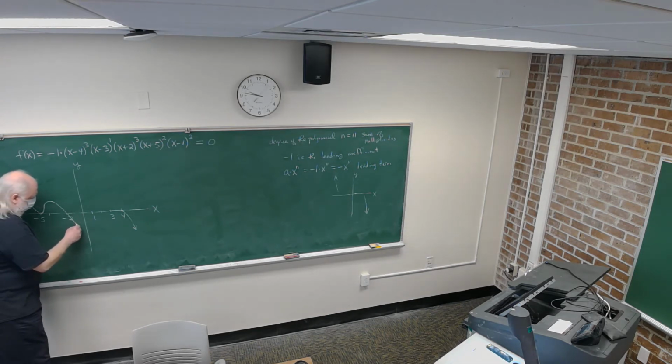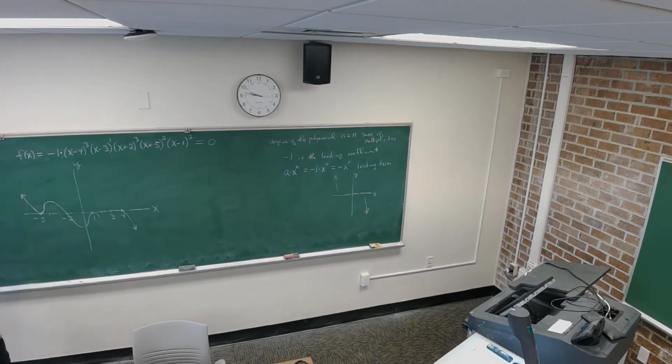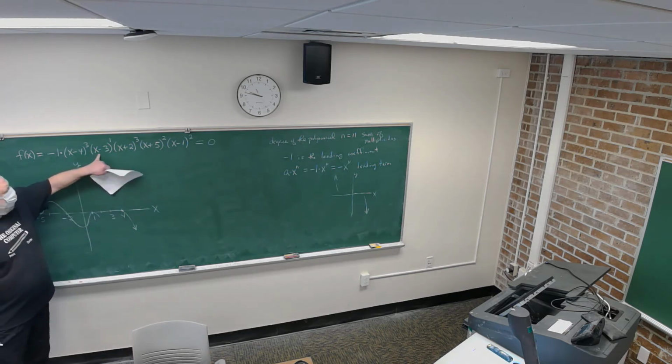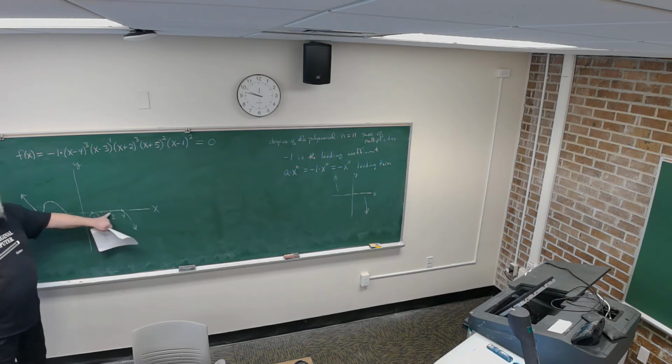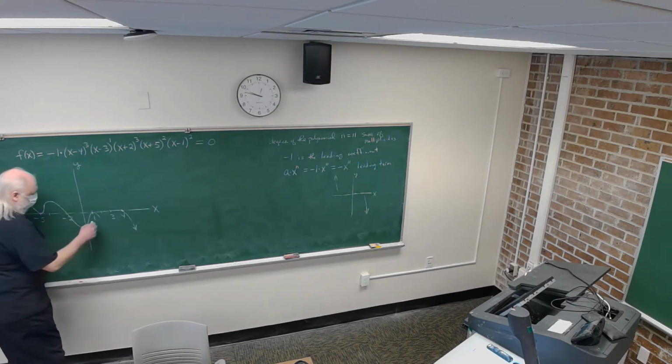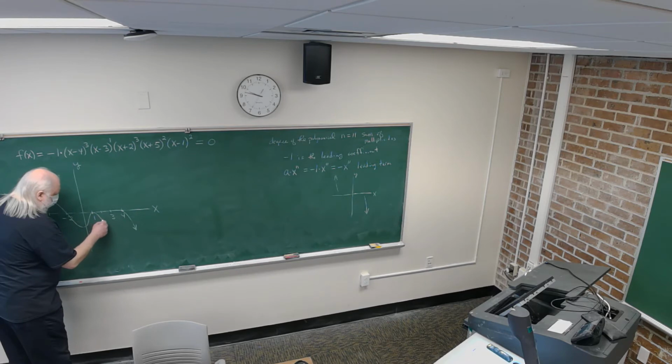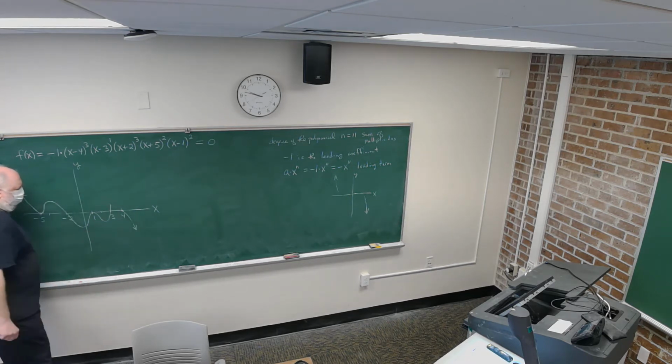So the graph has to come down, form a turning point, come up, touch the x-axis at x equals 1, and then turn. It doesn't cross the x-axis, it just touches it. And then at x equals 3, the multiplicity is odd, plus 1. So the graph has to cross the x-axis at x equals 3. So it has to come down, form a turning point, and then come up and cross the x-axis at x equals 3.